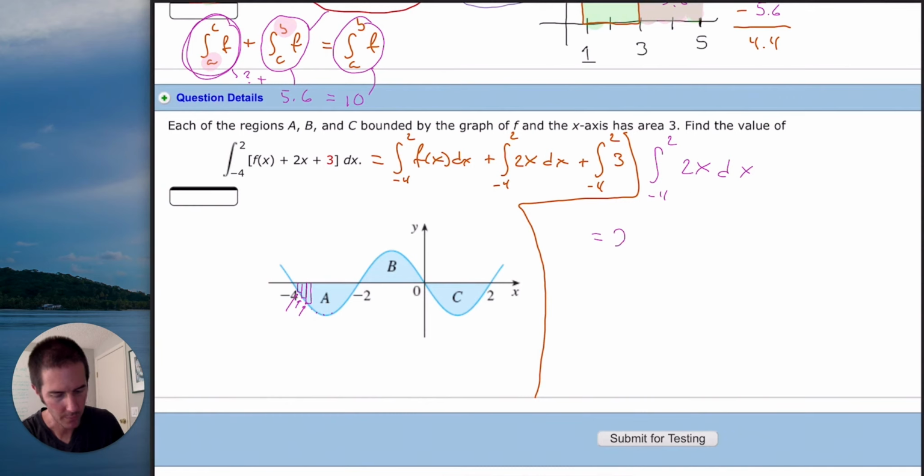So I'm going to write this as 2 times the integral from -4 to +2 of x dx. And remember that what we're finding is the area under the curve. Okay? -4 to +2. I'm going to draw myself a graph.